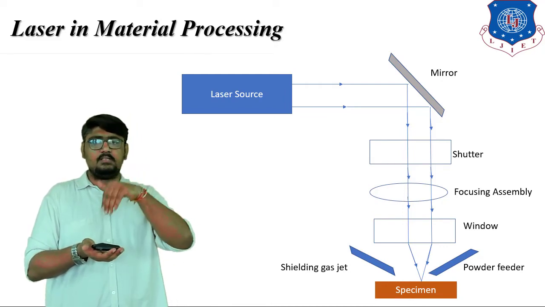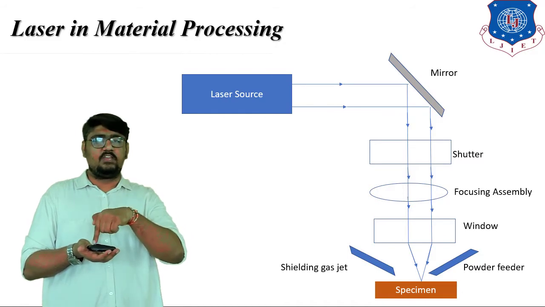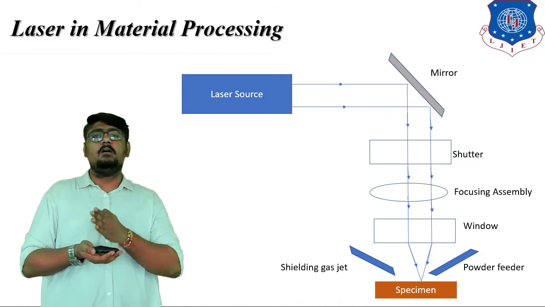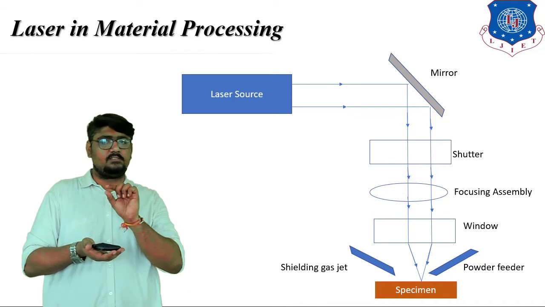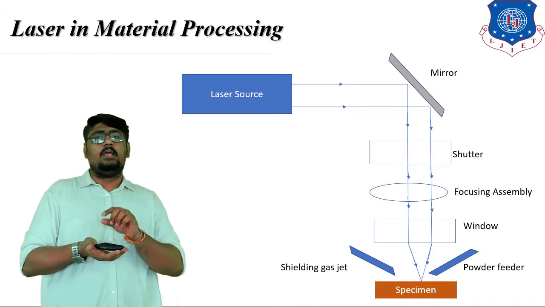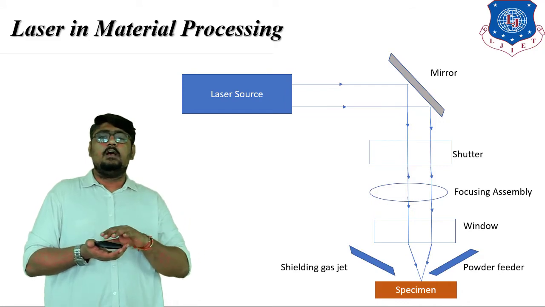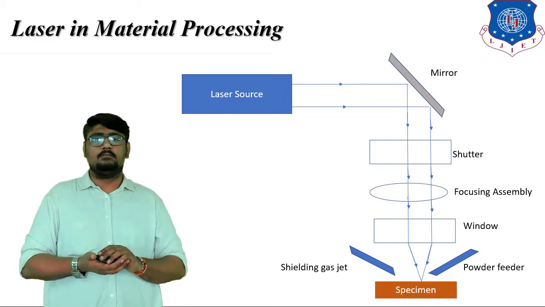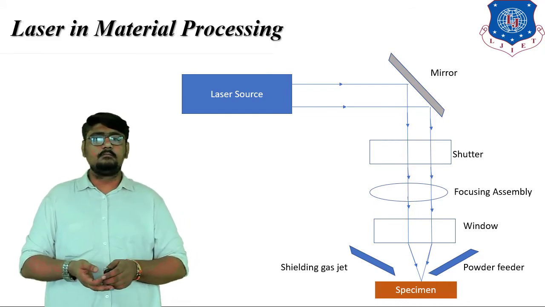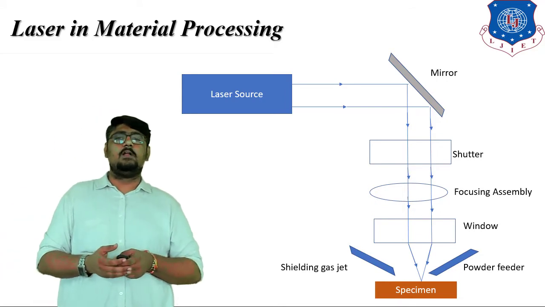So the laser beam is applied on the surface which melts only the surface, and thereafter some powder is sprayed, and thereby the alloying process can be done. Okay. Now next is laser welding.